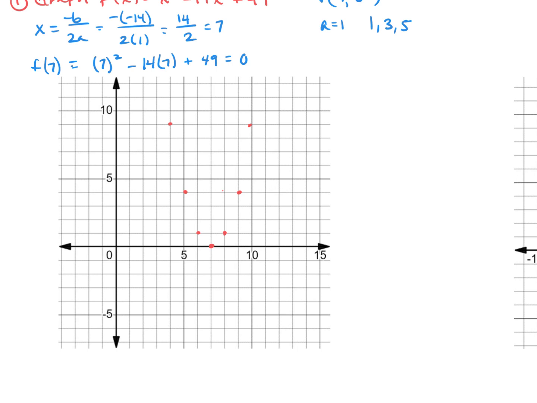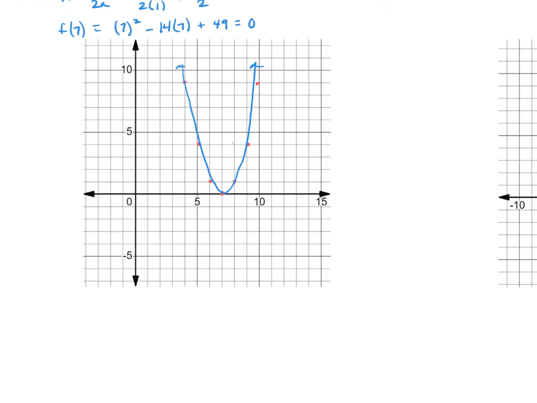We can sketch in our parabola. And then we want to identify any x-intercepts. We have an x-intercept at 7, 0. So that means that our solution to the quadratic equation is x equals 7.